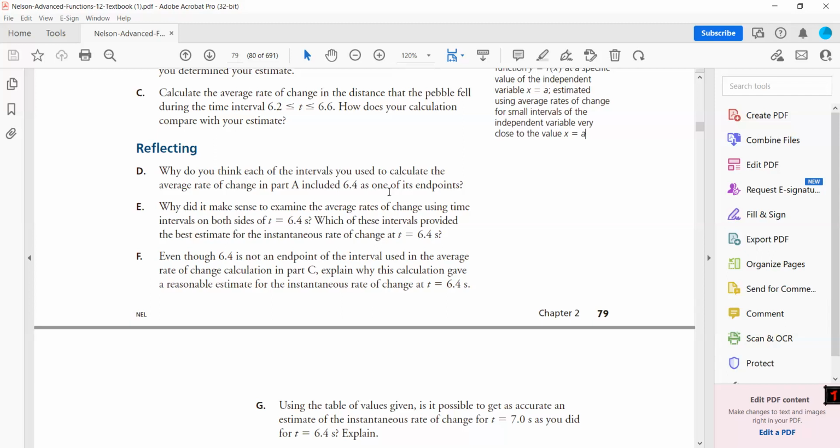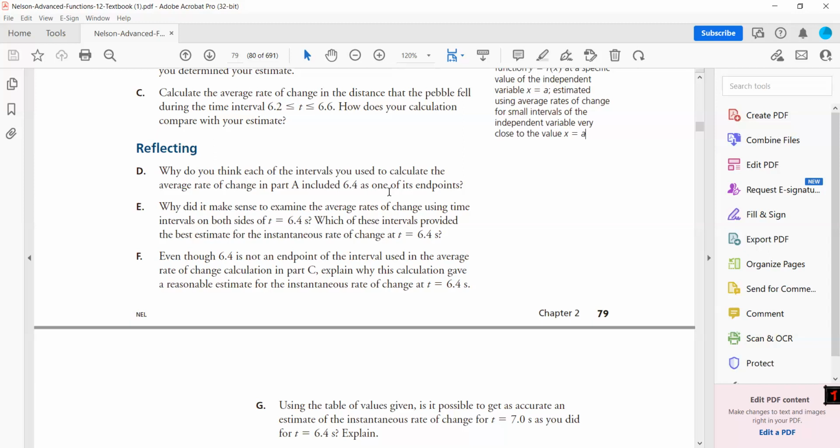It made sense to estimate the average rate of change on both sides because we are examining the constant movement of an object. It couldn't be sliced. We would like to see how an object behaves in motion.